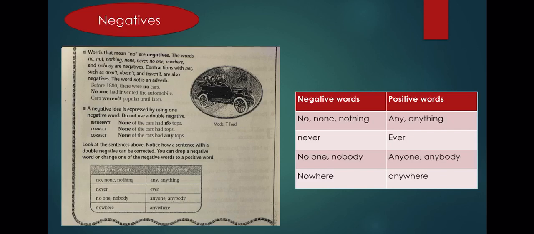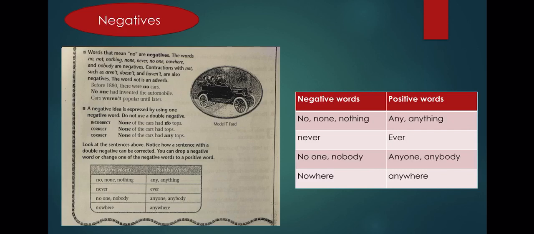So this is a negative, which means no. Cars were not popular until later. So not here is also considered a negative. A negative idea is expressed by using one negative word. You should not use a double negative, because if you use a double negative, it means that you don't have a negative. So you should use only one.